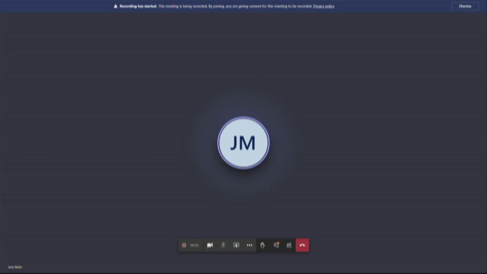For those of you who have joined the meeting using the Teams application, you'll see an icon bar. It may be at the top of your screen, it may be down toward the lower portion of your screen. One of the icons looks like a hand, and if you hover your mouse over that icon, it says raise your hand.